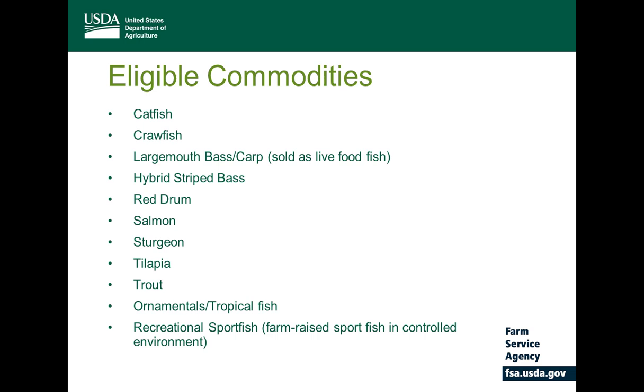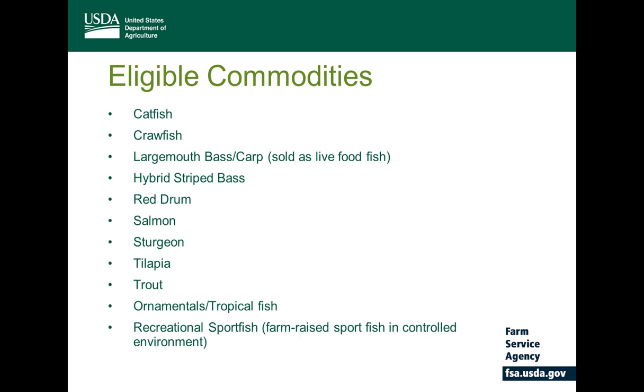And then the next one is the recreational sport fish, which is farm-raised sport fish in a controlled environment. So again, if we have farm-raised trout, which are used to stock a pond for recreational sport fish, the same thing goes for catfish, or maybe we even have some bass in there.